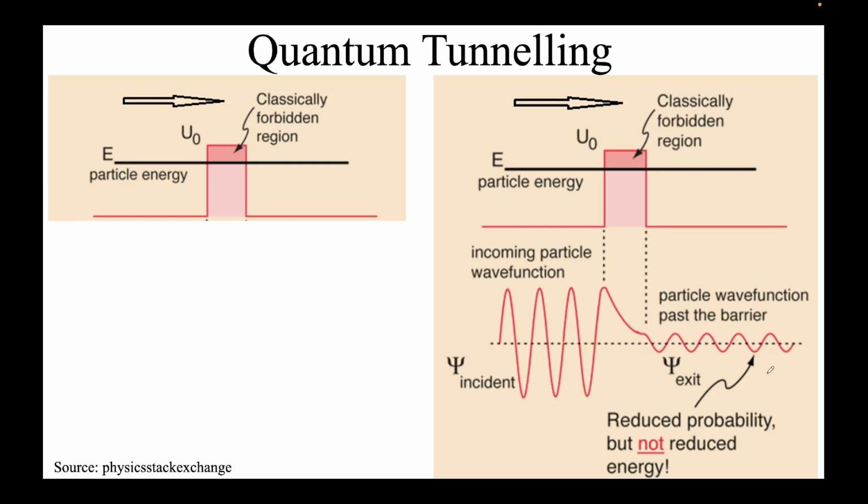This means there is still some probability, because note, probability is nothing but mod psi square. So if you integrate it in this region, you will get a non-zero probability. Classically, you integrate here and you will get probability equal to 0. Here it's not 0, there's some finite probability, reduced compared to this, yes, but not 0.